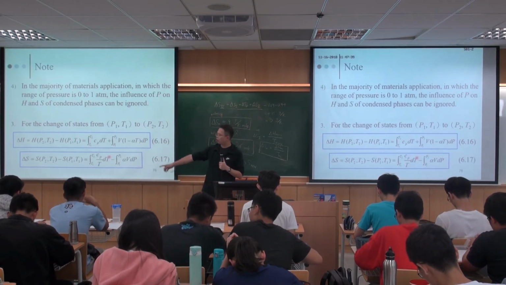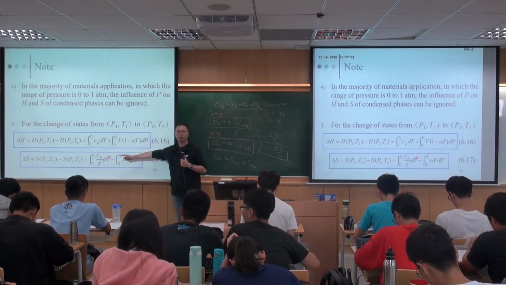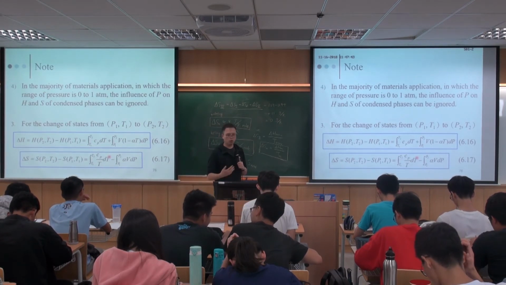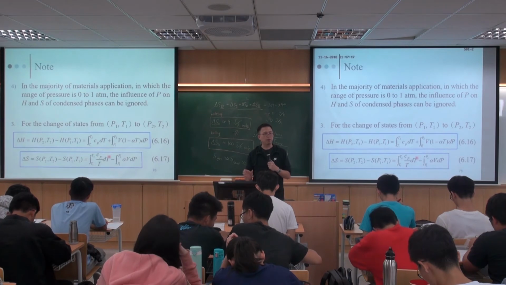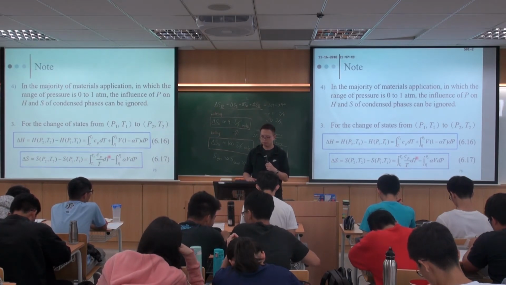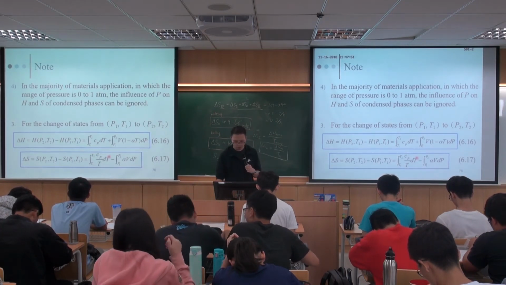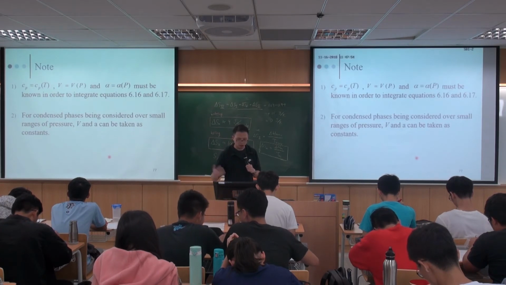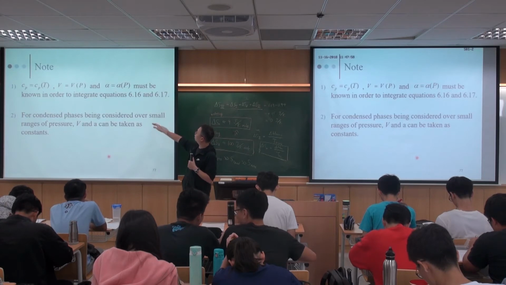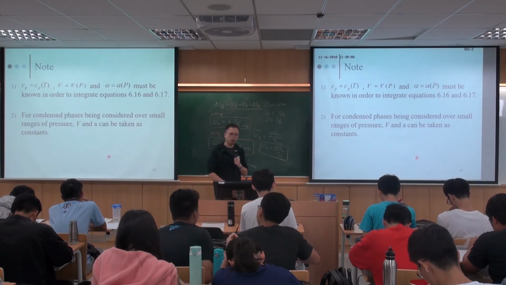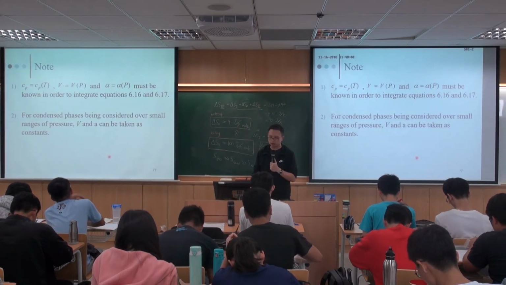But typically, if you are integrating over a very small range of pressure, like say just 1 to 2 atm, the contribution of that part is fairly small. Okay, it's very small. So typically, all that information will be given in order for you to calculate delta H and delta S.